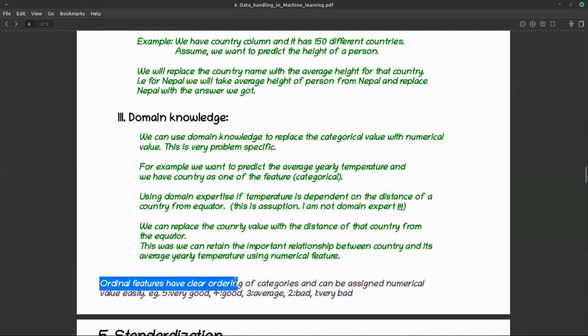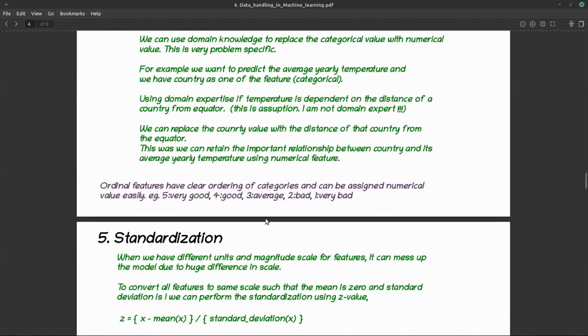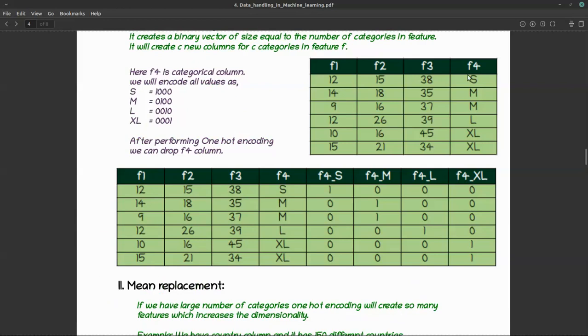So an ordinal feature has a clear ordering of the categories, right? What is the order, or you can say the weight, basically. If I talk about S, M, L and XL, then there is no problem. If I say S equal to, let's say, 28, medium is nothing but 32, I can assign the number, right? Large is nothing but, let's say, 34, and XL is nothing but, let's say, 38.